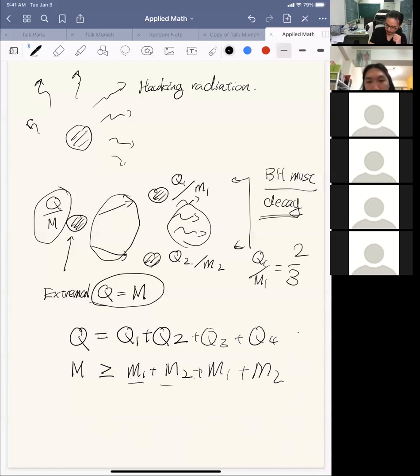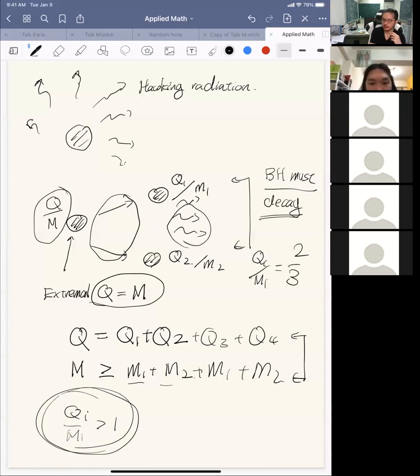Actually, I'm going to give this as a big bonus point, and I'll send it out as an email, for those who can prove that by solving this inequality, you will always find a particular Qi over Mi bigger than 1 for any Q or M distribution that satisfies this inequality. You always have this condition. You can try to go back and prove this.